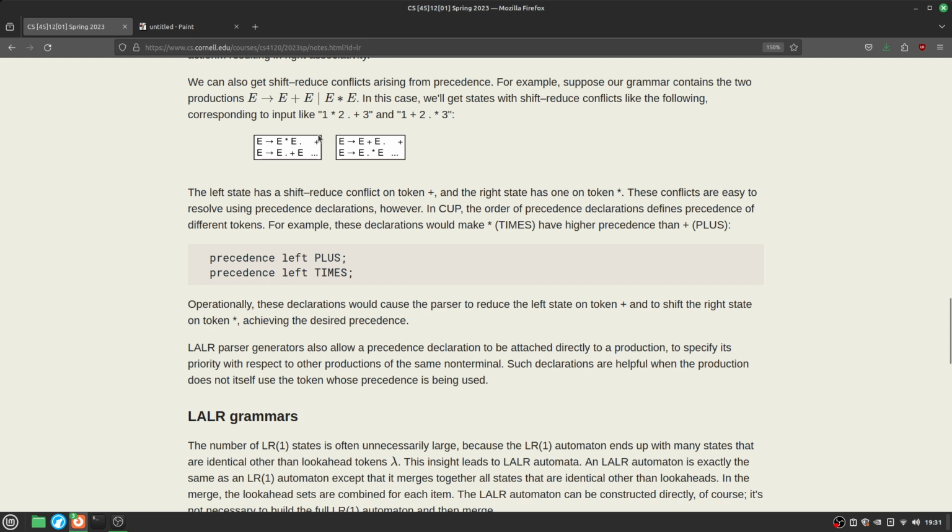Because the look-ahead symbol is plus, we decide to reduce, is that right? Okay, so if the look-ahead symbol here is plus, wait, why wouldn't you scan? If the look-ahead symbol is plus, why wouldn't you just scan?